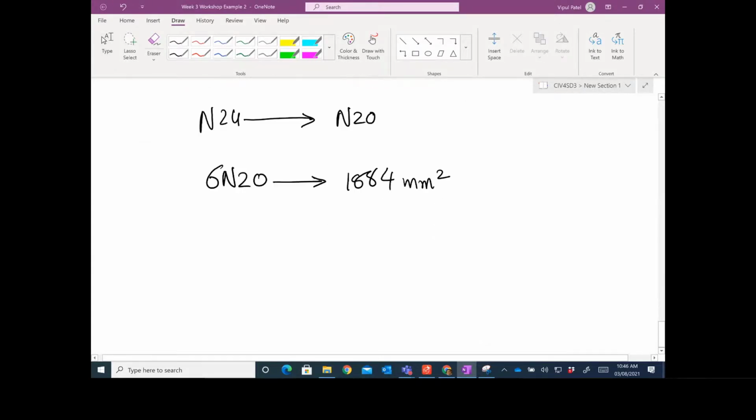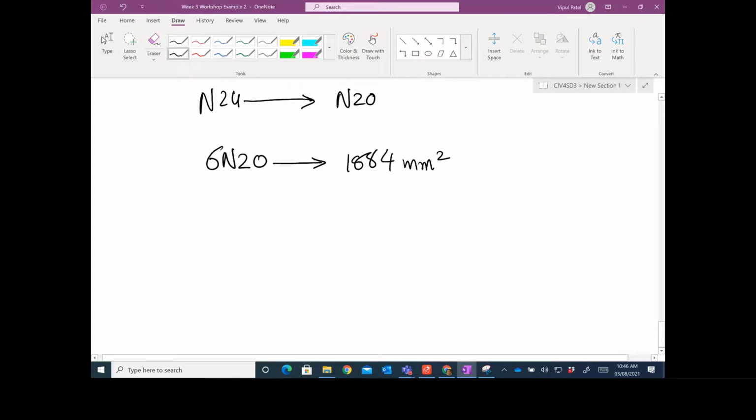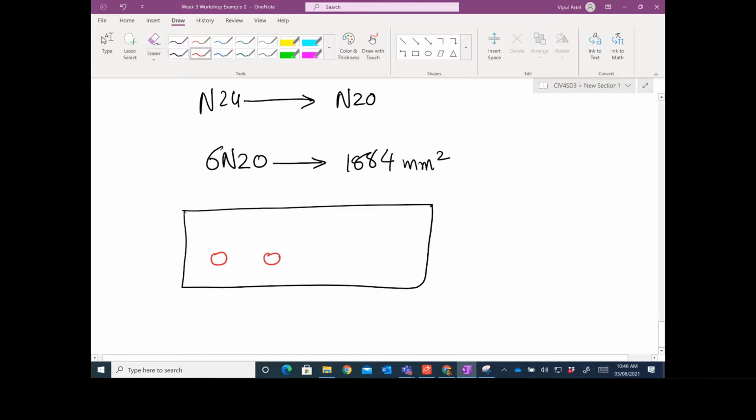So the standard said you need to have less than 300 millimeters. I can tell you the reason for that. Look, this reinforcement is our soldiers. Our enemy is the crack.